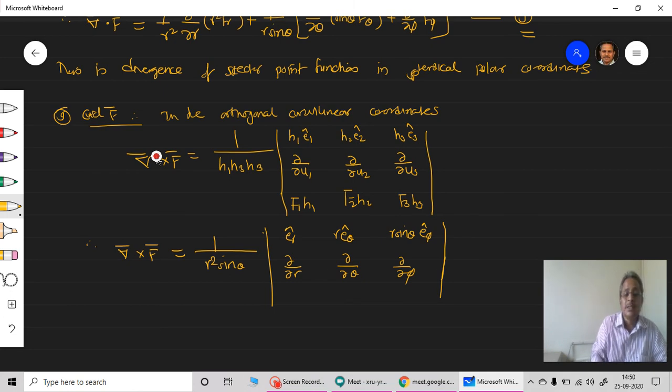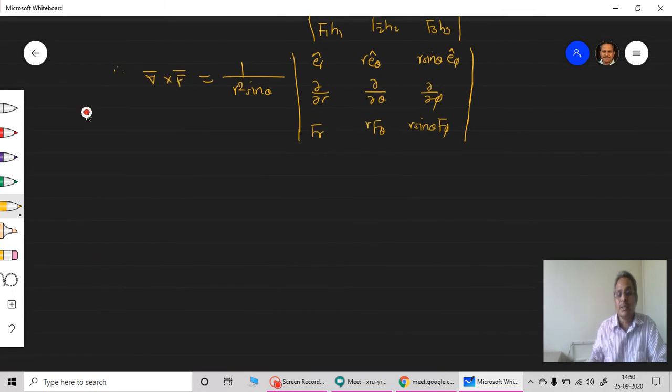And lastly it is simply fr, then this is r times f theta, and then this is r times sin theta into f phi.